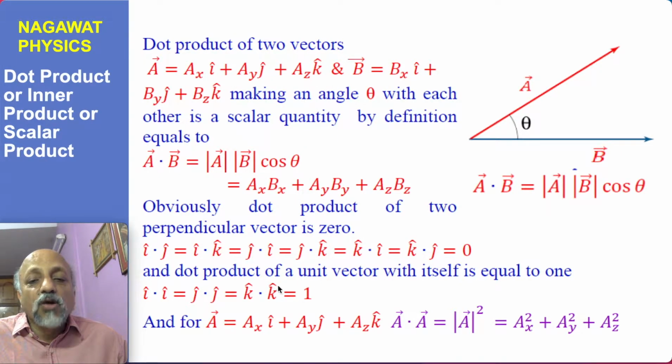Since of all the 9 terms appearing, 6 become 0 and 3 are equal to unity, we get the formula that A dot B is equal to the product of the x component of vector A and the x component of vector B, plus the y component of A and y component of B, plus the z component of A and z component of B. So A dot B is AX BX plus AY BY plus AZ BZ. The product of respective components is taken and then we take the sum of all three terms. That's how we can determine A dot B.